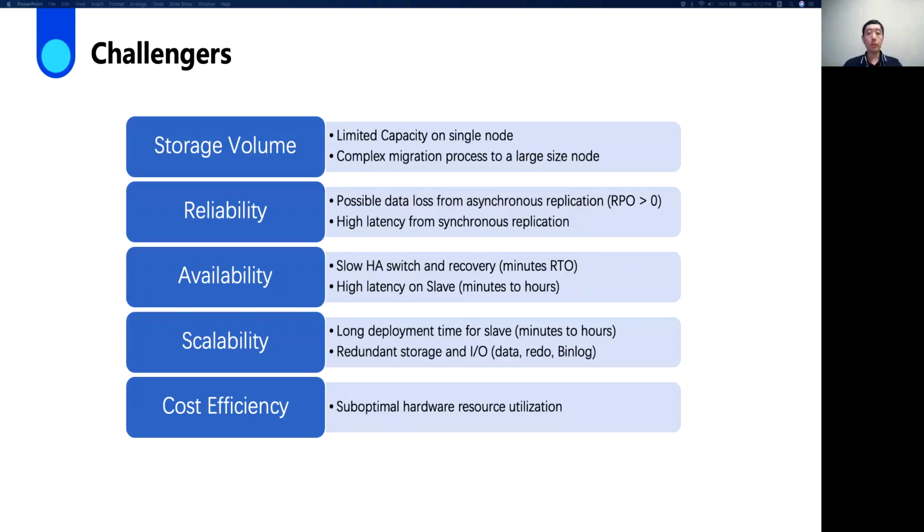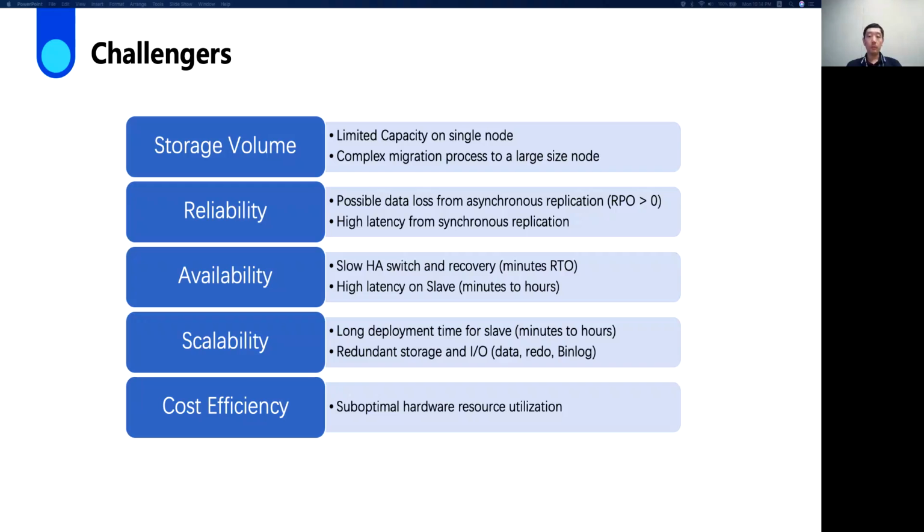So let's say in a traditional MySQL cluster, whenever one node joins the cluster, it has to create a copy of exactly the same data at the local storage. Generally speaking, when deploying a slave instance, the bigger the database is, the longer it takes to bring up the instance.